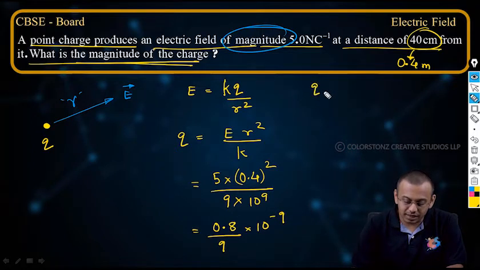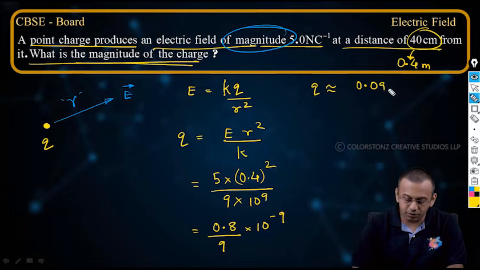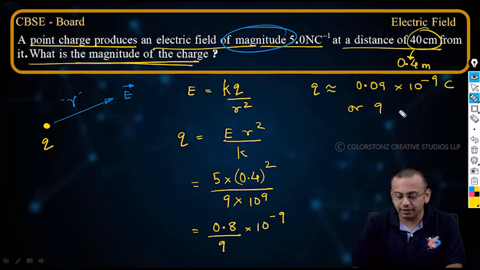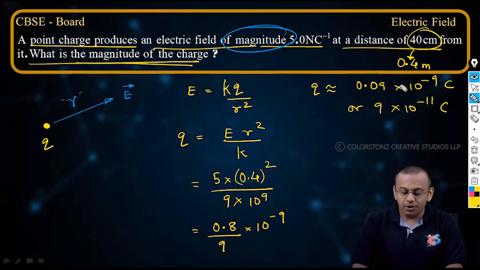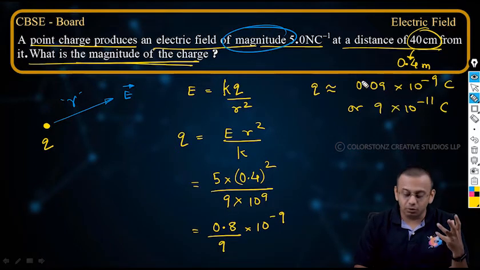And this gives that charge is nearly equal to 0.09 into 10 to the power minus 9 Coulomb. Or in SI units, I can write it as 9 into 10 to the power minus 11 coulombs. Or I can say it is 0.09 nanocoulombs.